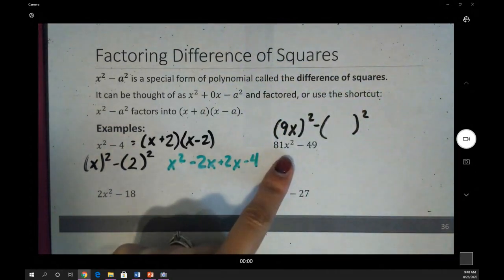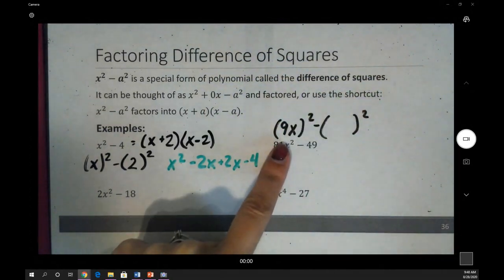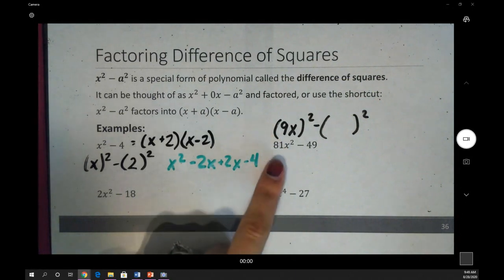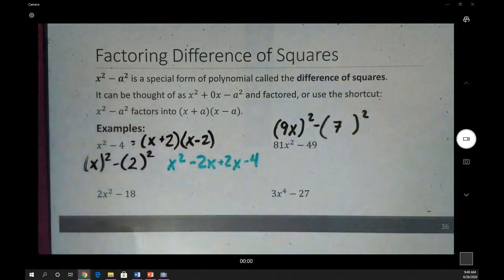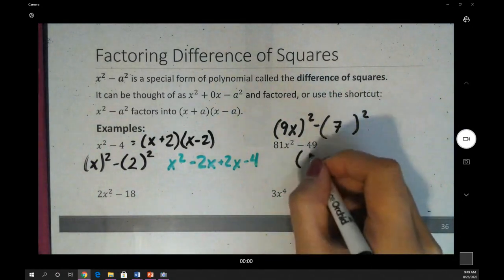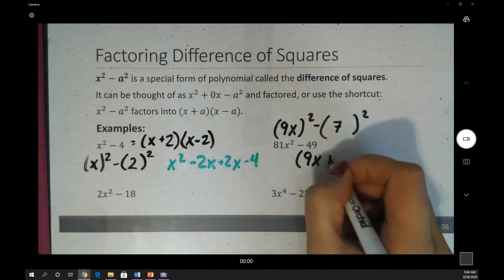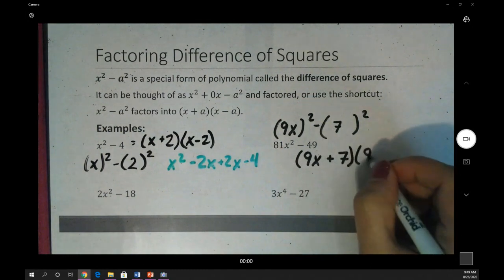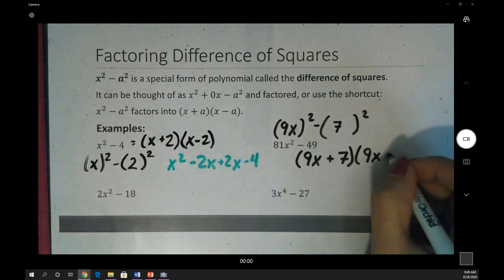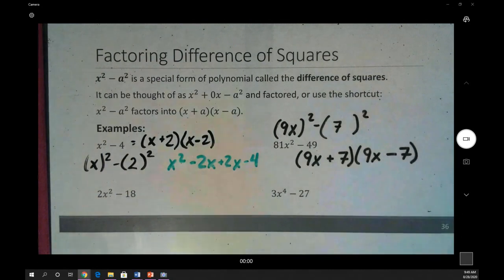So 81x squared is 9x in parentheses squared. If you want to think of it as the square root of this, that's fine too. And then 49 is 7 squared. So this is going to factor into first parentheses, 9x, plus second parentheses, 7, times first parentheses, 9x, minus second parentheses, 7.